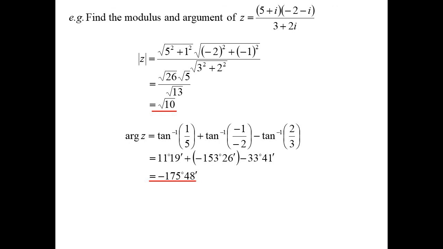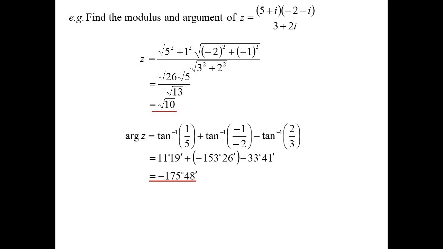Well, that would be in the third quadrant, so I get a negative obtuse angle, so minus 153.26. But then I'm subtracting the acute angle of 33.41. I end up with minus 175.48. So I could work out my number from that. It's going to be an approximation, of course, because of the argument not being an exact value. But it does provide us with an alternative.